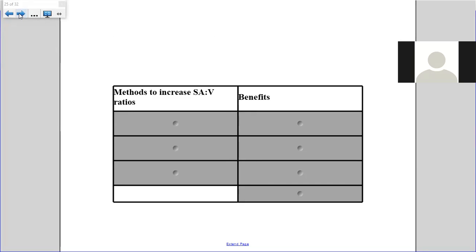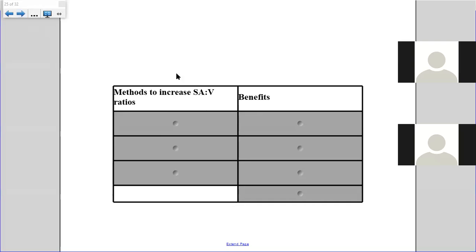Chastity, her question was, shoot, what was it? I believe it was just to go over polarity. Yeah, but that's a different thing. That's different than surface area to volume ratios. I don't remember what the question was for surface area to volume ratio. I thought we went over it pretty well. We skipped it. Yeah, I don't think she had a question for it.